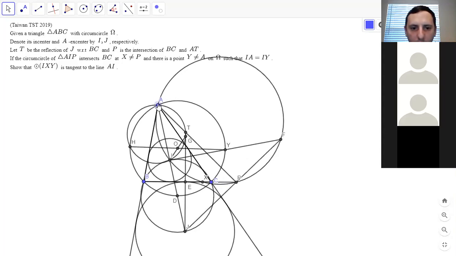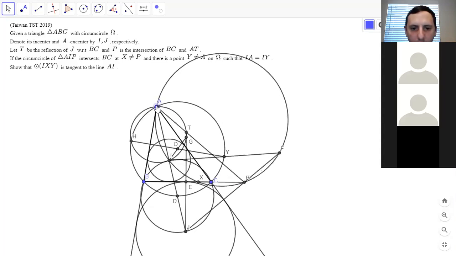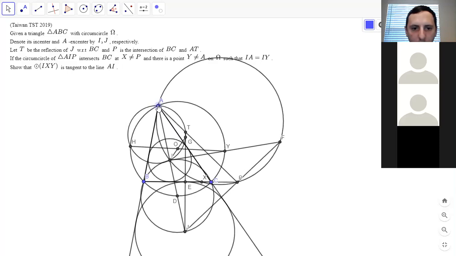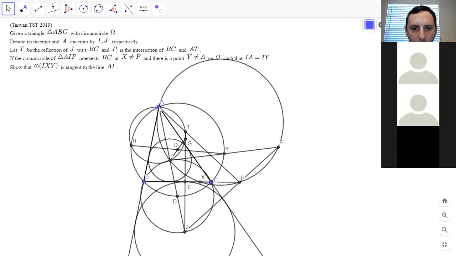But I haven't proved yet that H, O, and Y are collinear. So if that's true, that would give us another way to define point Y.